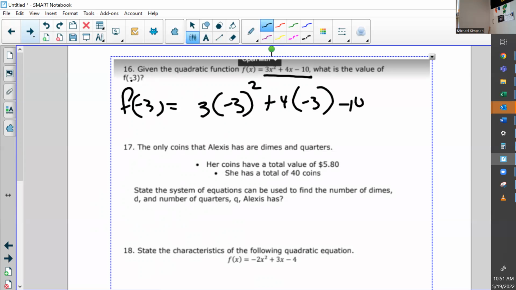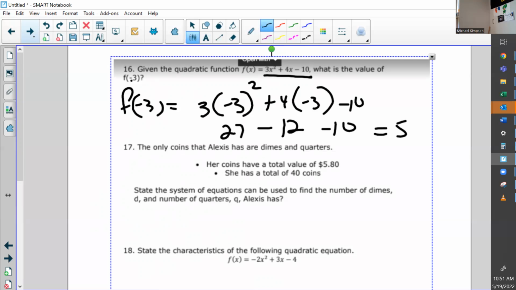This gives me 3 times 9. -3 squared is 9. 3 times 9 is 27. This gives me -12 minus 10. So that's -22. So that gives me 5. I think that is correct. Yeah. All right.